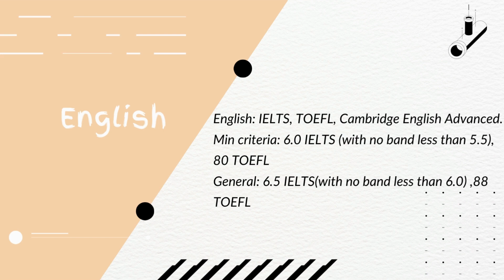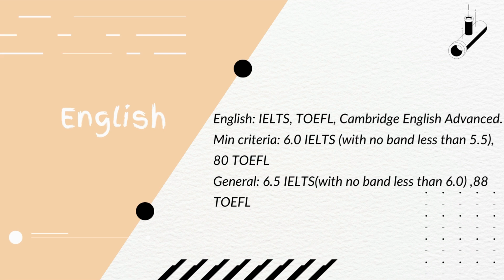The IELTS academic is for study, and the IELTS general is for immigration purposes. There are 4 different bands. We have the speaking, the reading, writing, and the listening. And don't get less than 6.0 in all for the minimum criteria, and don't get less than 6.5 for the general.